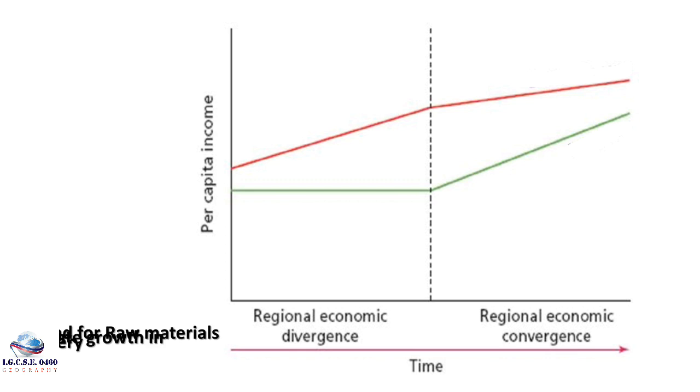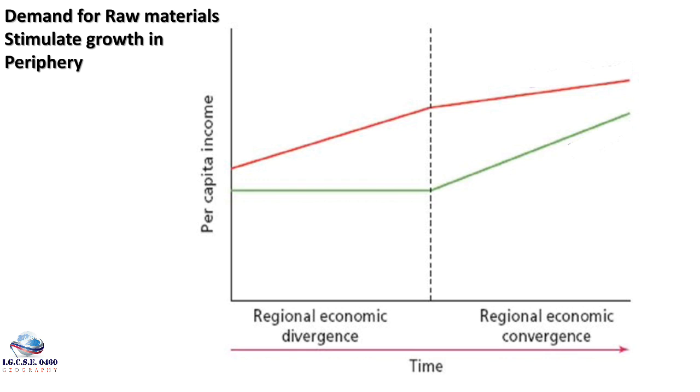As time goes by, the demand for raw materials from the periphery is going to stimulate growth, because remember, the raw materials are being taken from the periphery to the core. So as these resources or raw materials are being sold, there is some growth that starts to take place in the periphery area. You can see on the other side of the dotted line that the green line also starts to go up.